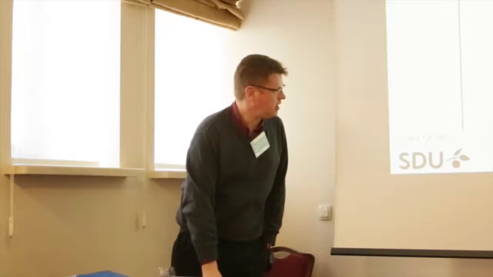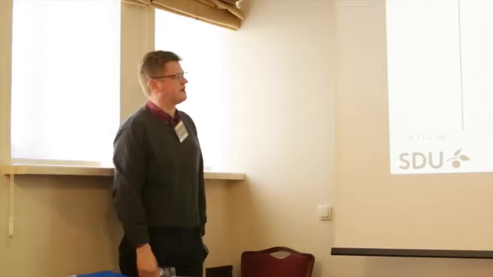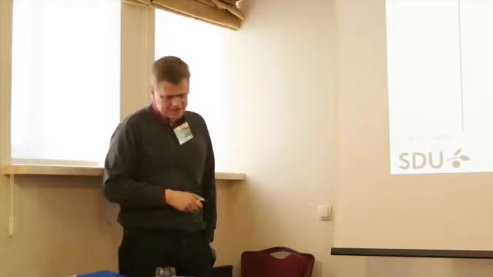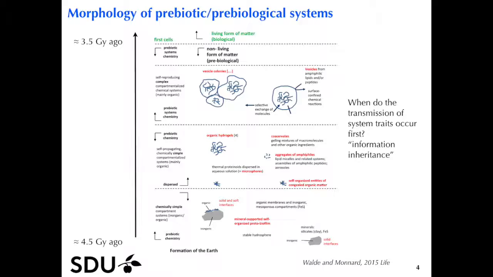And here we propose a kind of scenario that, with Peter Walde, we tried to summarize what we know today. And you can imagine, as Bob Hazen, or Robert Hazen, I'm sorry, was presenting, at the beginning you have some organics on a mineral surface, you start some simple chemistry.